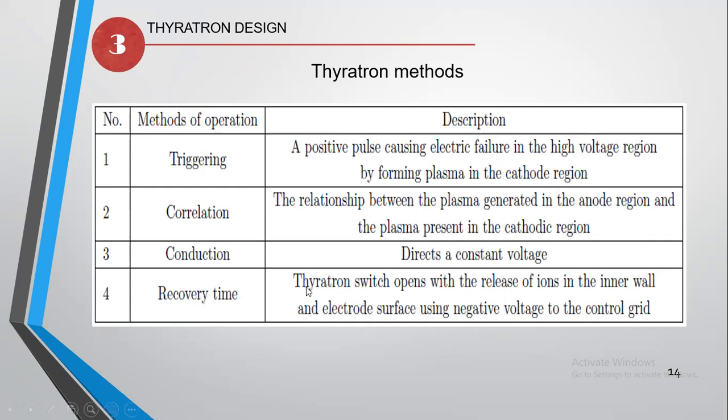Finally, the recovery time: the thyratron switch opens with the release of ions on the inner wall and electrodes, using negative voltage to the control grid. So the negative voltage to the control grid will switch the thyratron off, and the load will be off too. And this recovery time will take 30 to 150 microseconds, depending on the type of tube itself, the internal pressure, and the type of gas it uses.